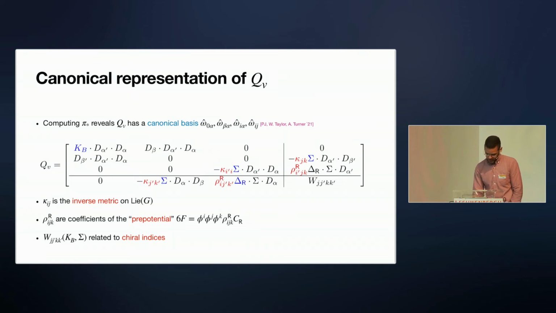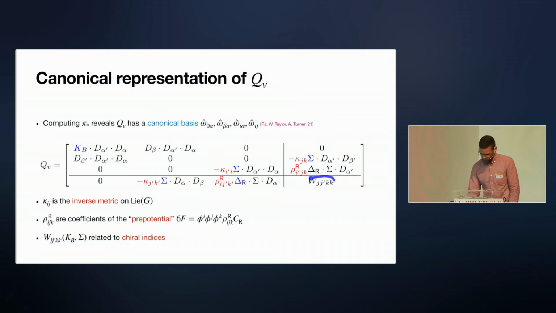So here, for example, kappa ij is the inverse metric on the Lie algebra. This coincides with the Cartan matrix for simply laced algebras. And then these rho ijk are the coefficients of the so-called prepotential. I can talk more about this if anybody's interested in the details.